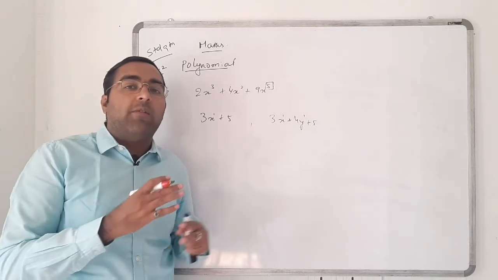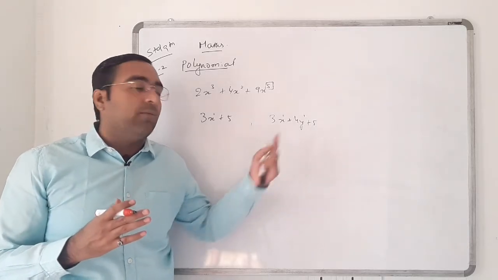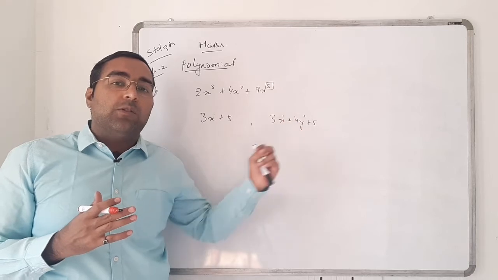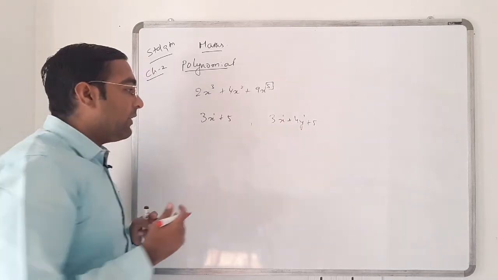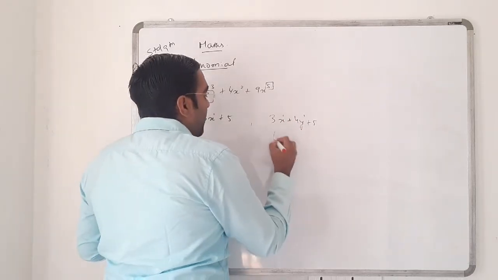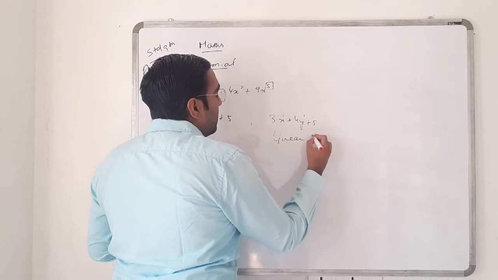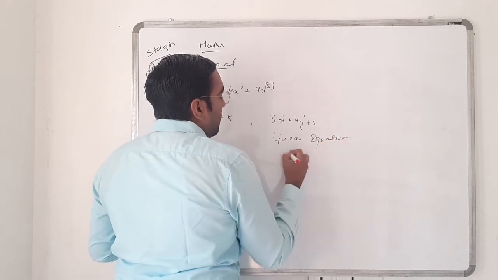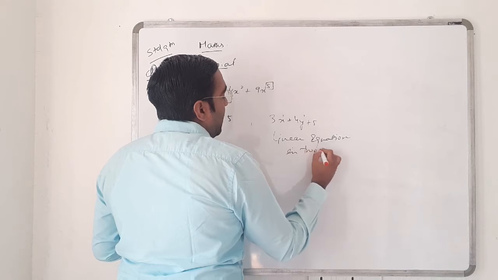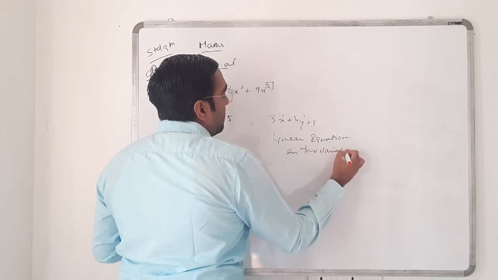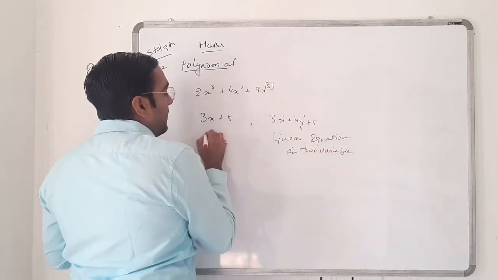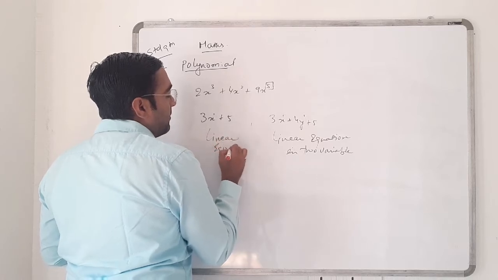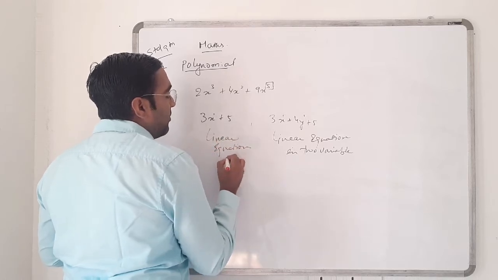So it is also a linear polynomial, but since it uses two variables, we define it as a linear equation in two variables. Clear that? And the earlier one is a linear equation in one variable. You can also call it a polynomial.